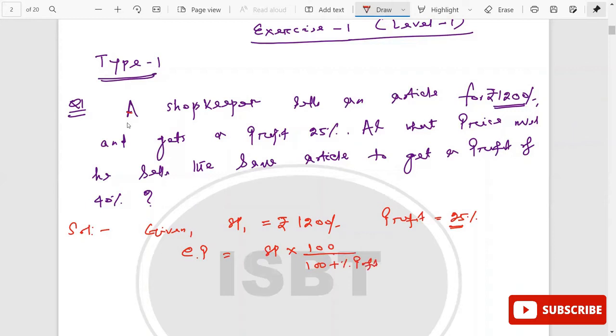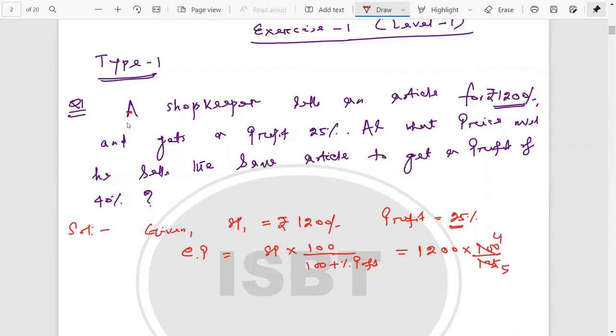Okay, that means 1200 rupees into 100 by 125. 125 में 25 4 जा, 25 5 जा. Then 5 2 जा 10, 5 4 जा. 240 into 4, that means 960 rupees. That is the cost price.